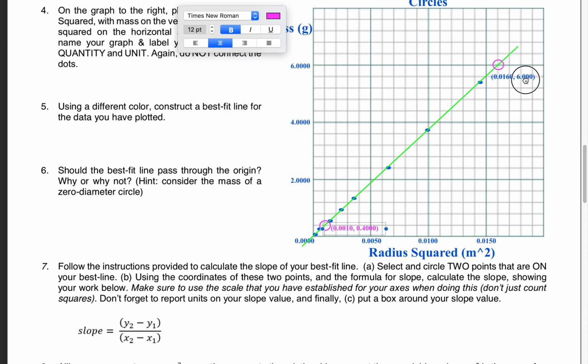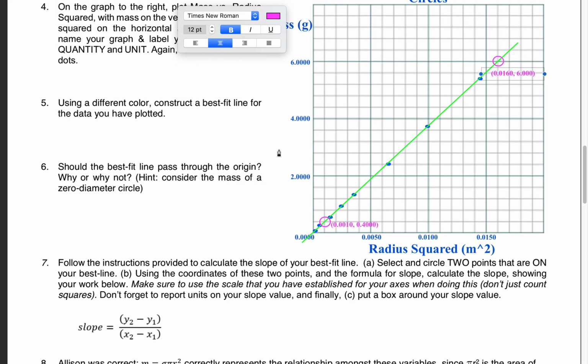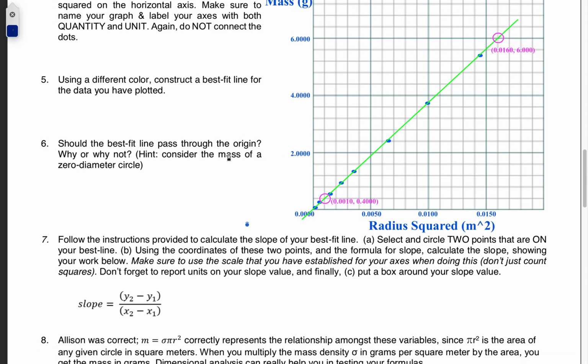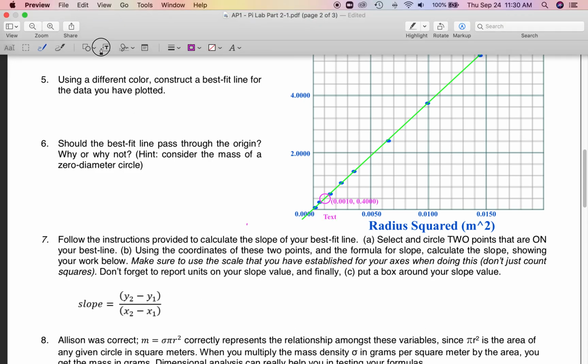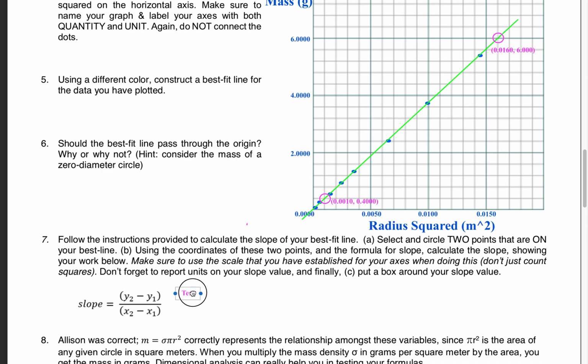I'll make those pink to match, just so we can be super clear about what corresponds to what. Now down here, give me a text box. They're populating over here. Our y2 is 6.000 minus our y1, 0.4000.